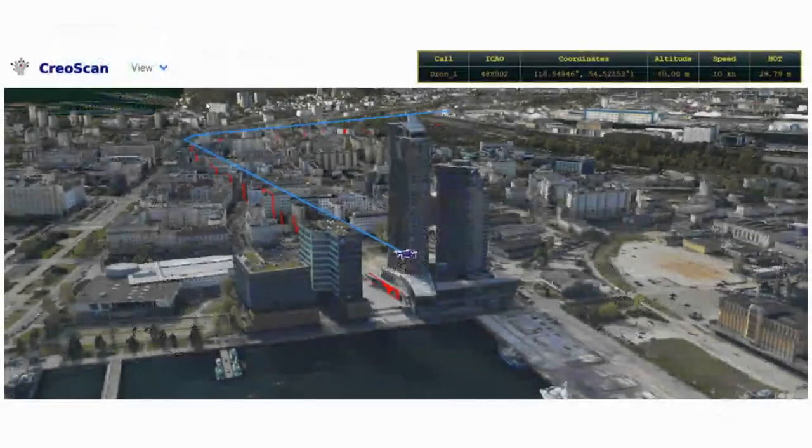And at the very end of our presentation today, a simple presentation of an application created by Creotech. It's called CreoScan. It's used to program and to monitor the flights of UAVs, of drones. We can see it here.